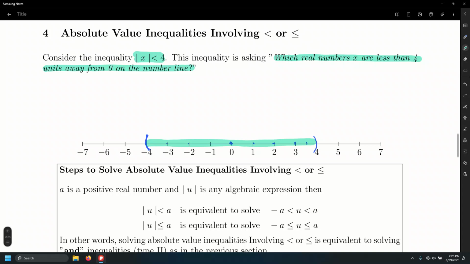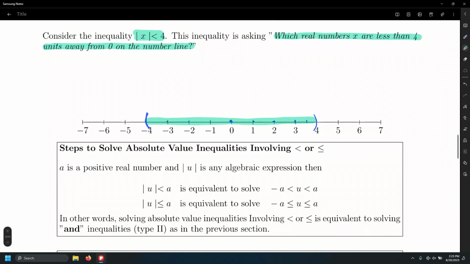Here are the steps to solve absolute value inequalities involving the less than or the less than or equal. Solving the absolute value of u, where u is an algebraic expression like 3x plus 5 or 5x minus 7, you name it, is equivalent to solving a three-sided inequality like the one we saw at the very end of the previous handout.